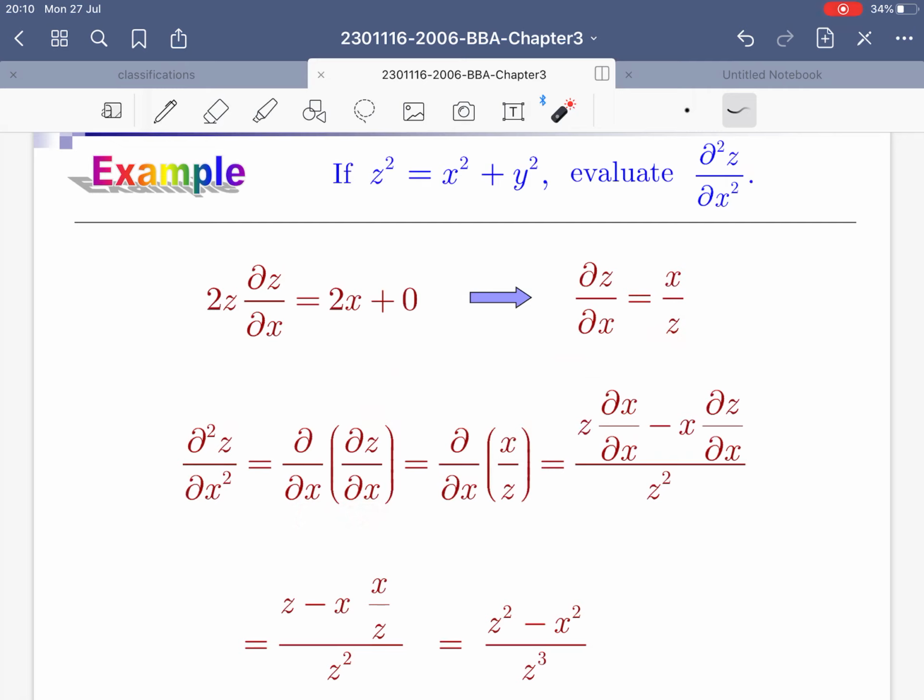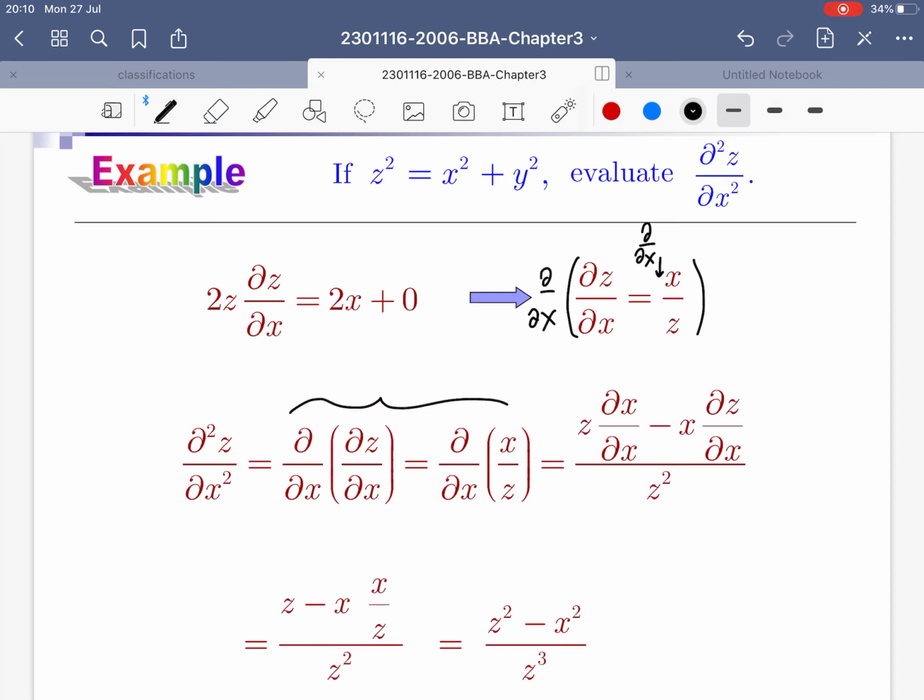Again, here your z is hidden, so if you need to calculate this one, you need to use the quotient rule. Okay, you need to use the quotient rule. So this one actually looks like you are taking another derivative with respect to x on both sides of your equation.